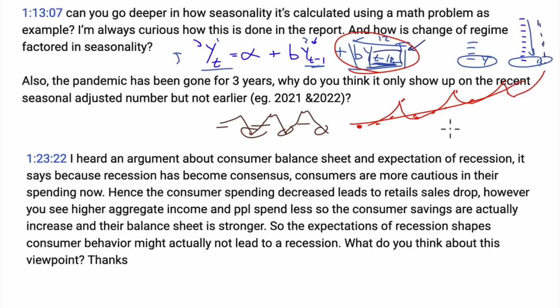So if you were forecasting sales here, your Y variable would be sales in period T is alpha plus beta. Maybe there is some sales in T minus 1 because there's some momentum to sales, that last period sales help explain this period sales, that if you knew last period sales you could forecast. But if there's seasonality, you would also add B4, if this were quarterly, sales T minus 4.